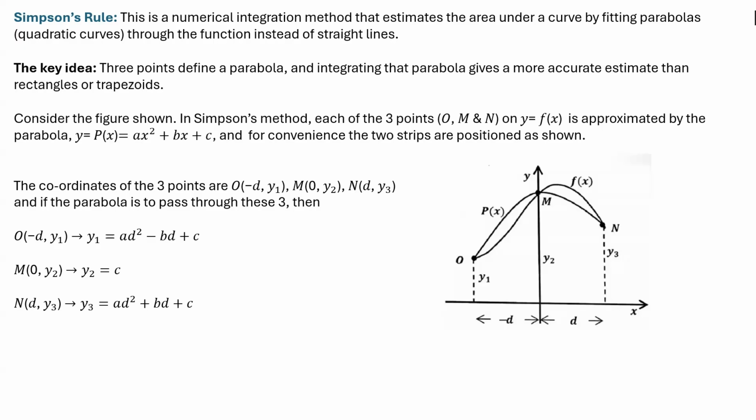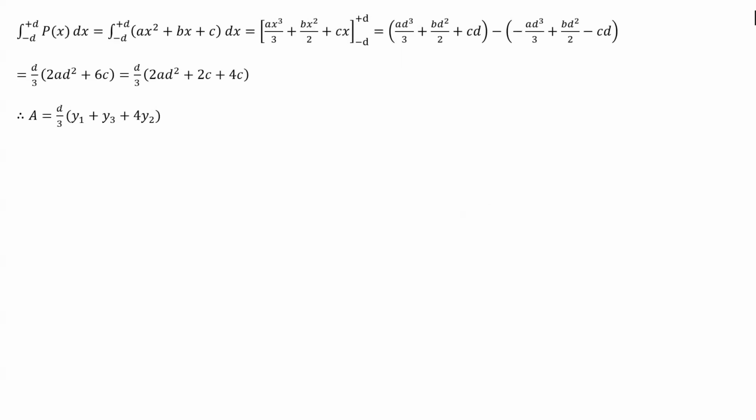So when we have many strips, the pattern continues. The first ordinate gets a coefficient of 1, and the last ordinate gets a coefficient of 1. The ordinates in between alternate between coefficient 4 and 2.